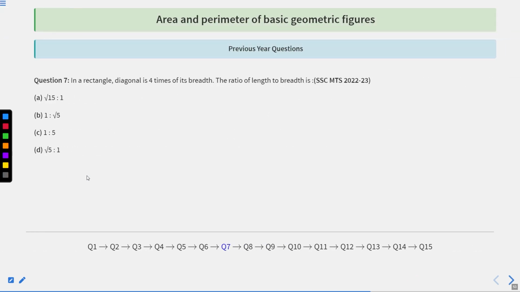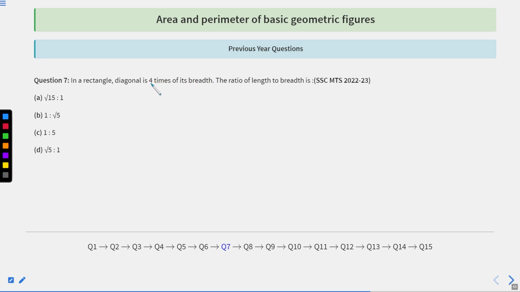Moving on to problem number 7. In this problem a rectangle is given to us and the diagonal is 4 times its breadth. So the ratio of length to breadth is, so a rectangle is given and the relation between its diagonal and breadth is given to us. It says the diagonal is 4 times its breadth. So if the breadth is 1, the diagonal is 4.